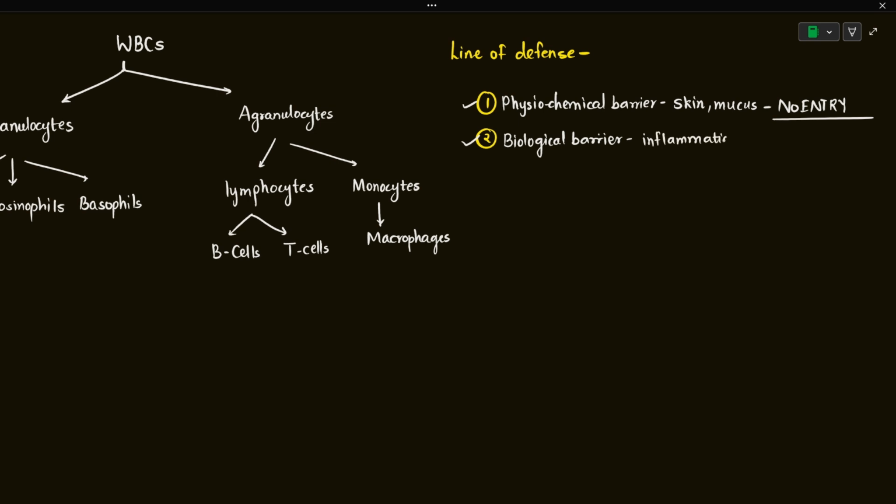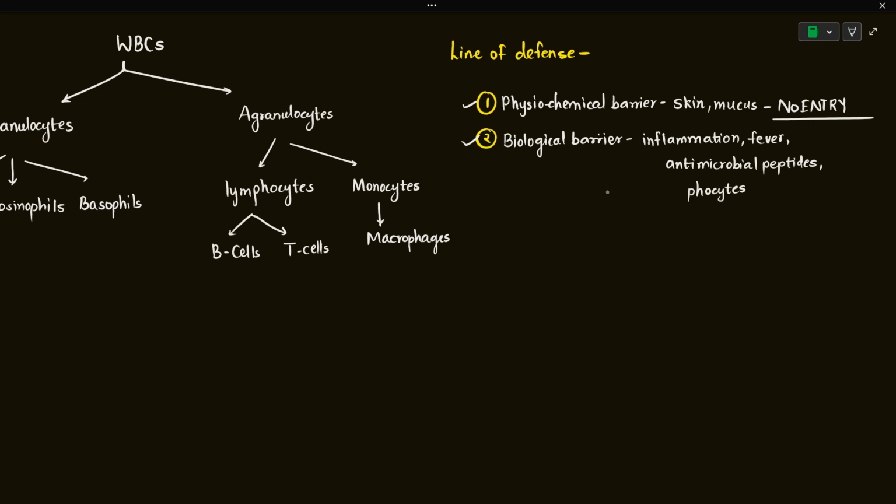It is a combo of responses such as inflammation, fever, and antimicrobial peptides in our body fluids. Then there exists the complement system, which is also a part of the innate system. So these are the different second line defenses, and we also have cells, such as phagocytes, which are going to kill the pathogen.